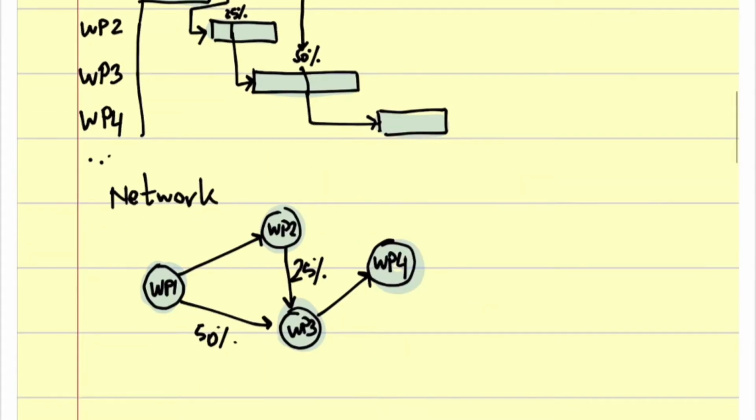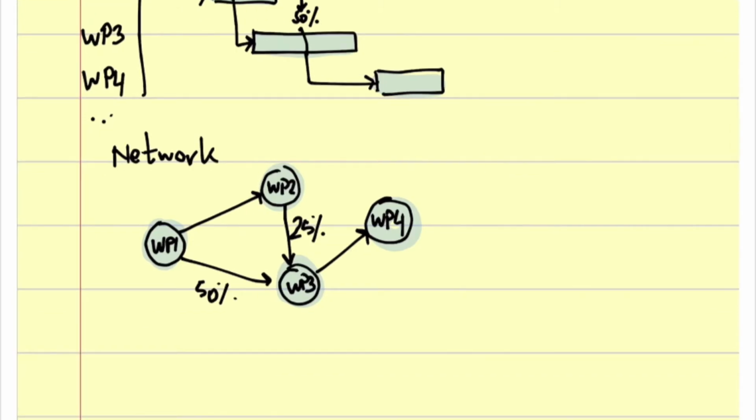The second one has a characteristic that we can describe this as a graph of the project.